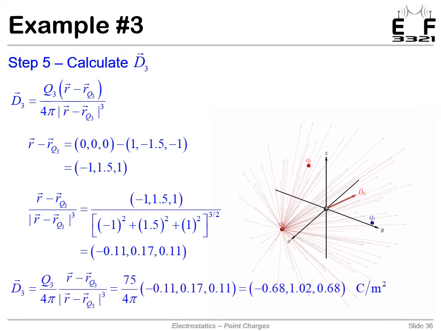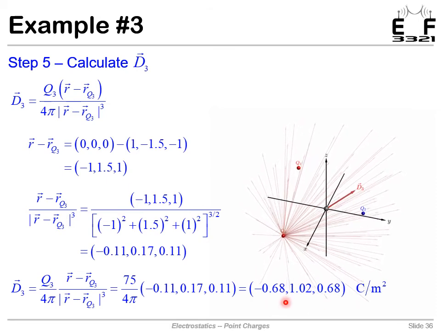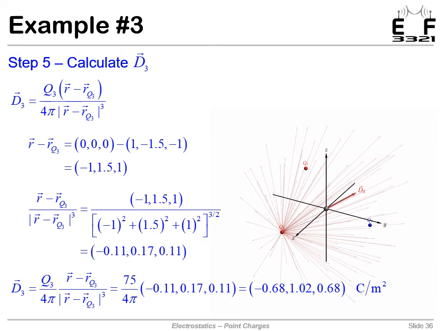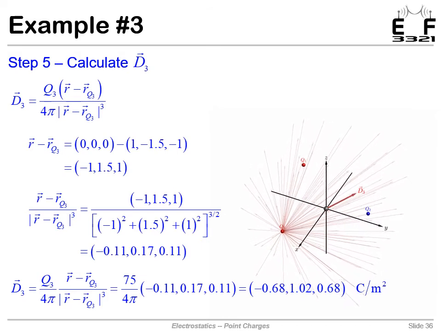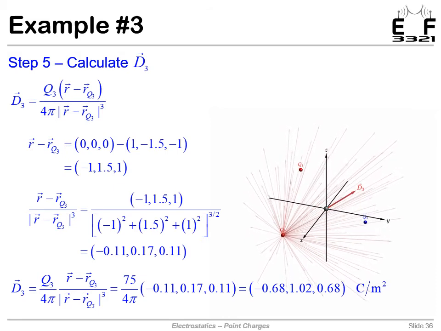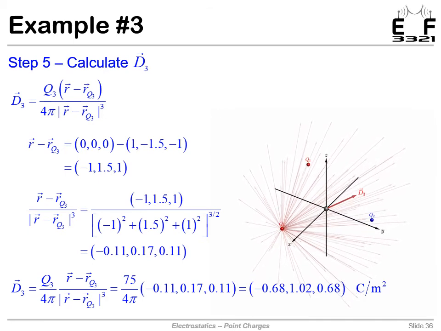Once we have that, we then plug it into our equation for D3, and we end up with our answer for D3. And here's also our units that we should have been carrying through every step of the calculation. So we have D1, D2, and D3, each individually, just pretending that those charges alone were the only charge that was there, and we got 3 separate answers.